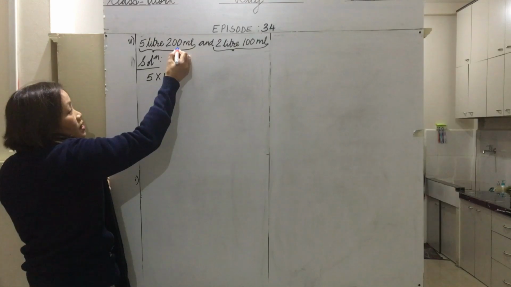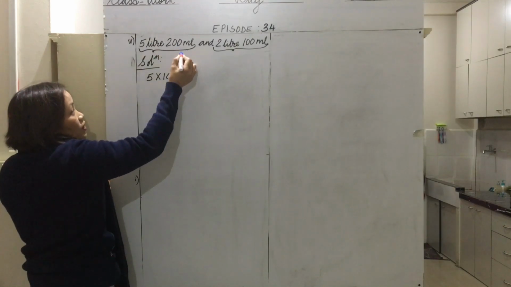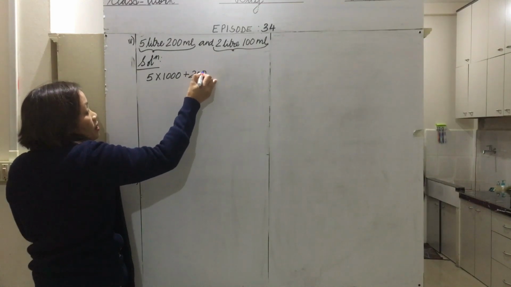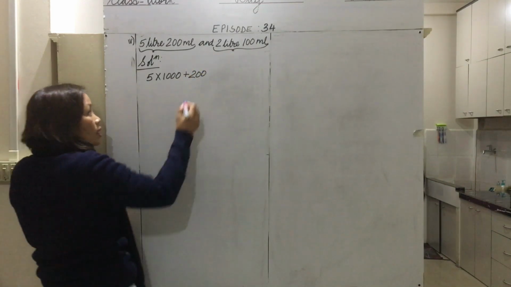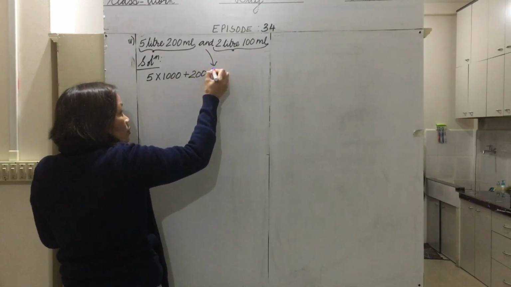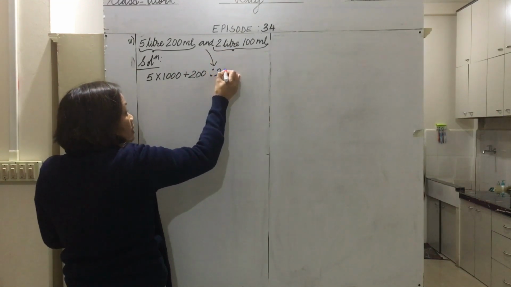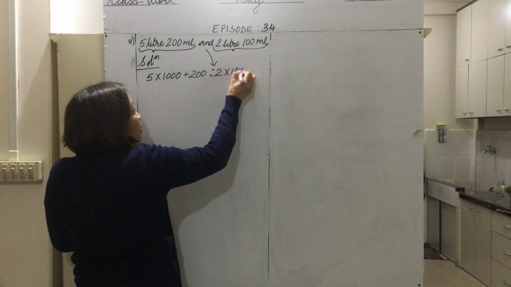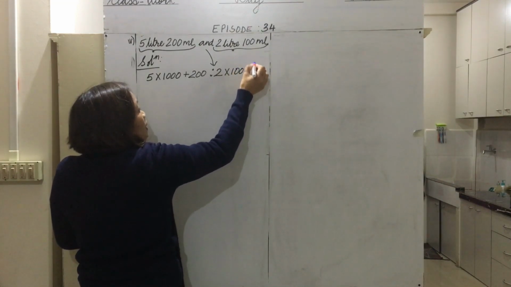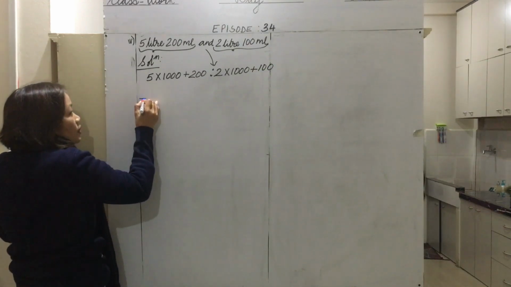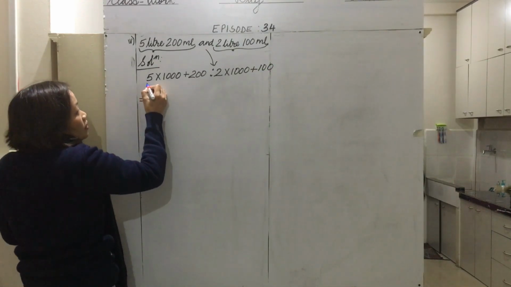Then since we said this is the same quantity, we put plus sign 200 ml. So instead of and, we put is to symbol, and 2 liter will be converted again, multiplied by 1000, then plus 100 ml. Here we convert the first quantity.